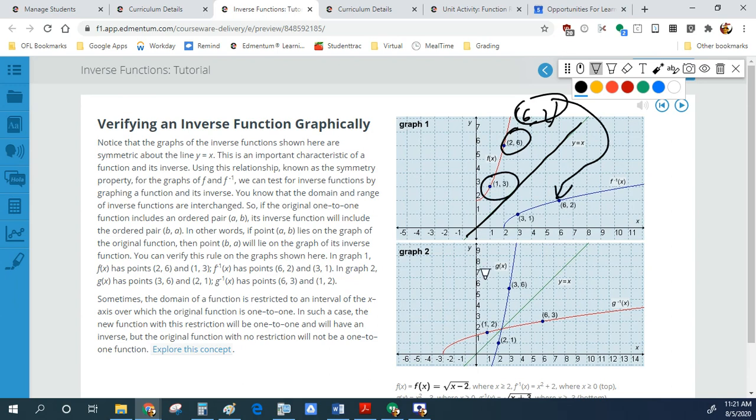And this 1 comma 3 turns into 3 comma 1, which you can see right here. It's doing this for every point on this line. Every point on the line gets flipped over. That kind of makes sense, guys?